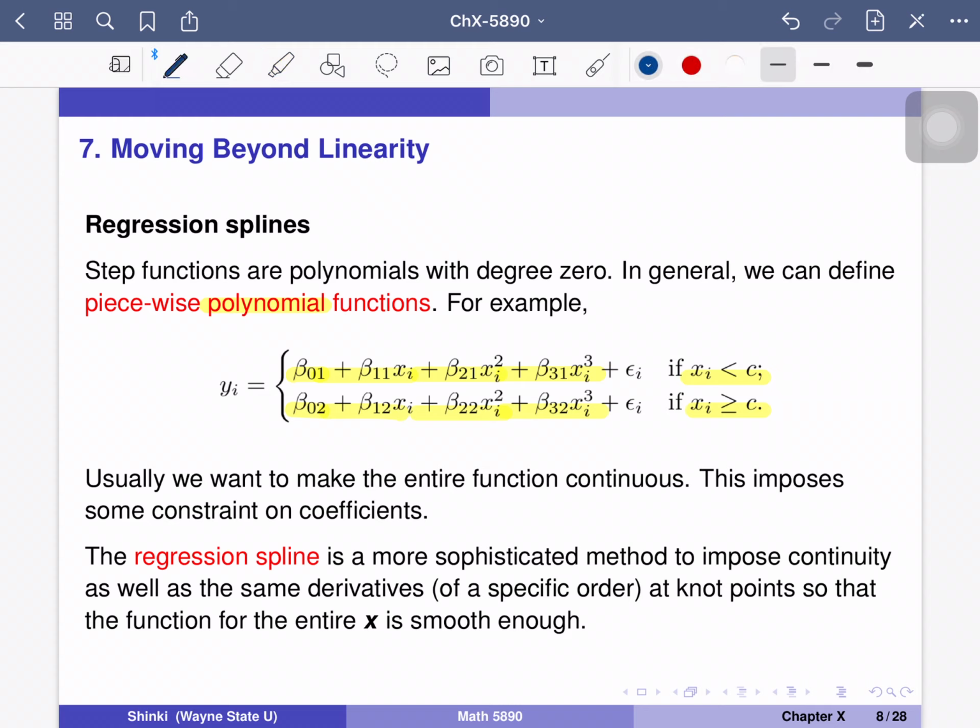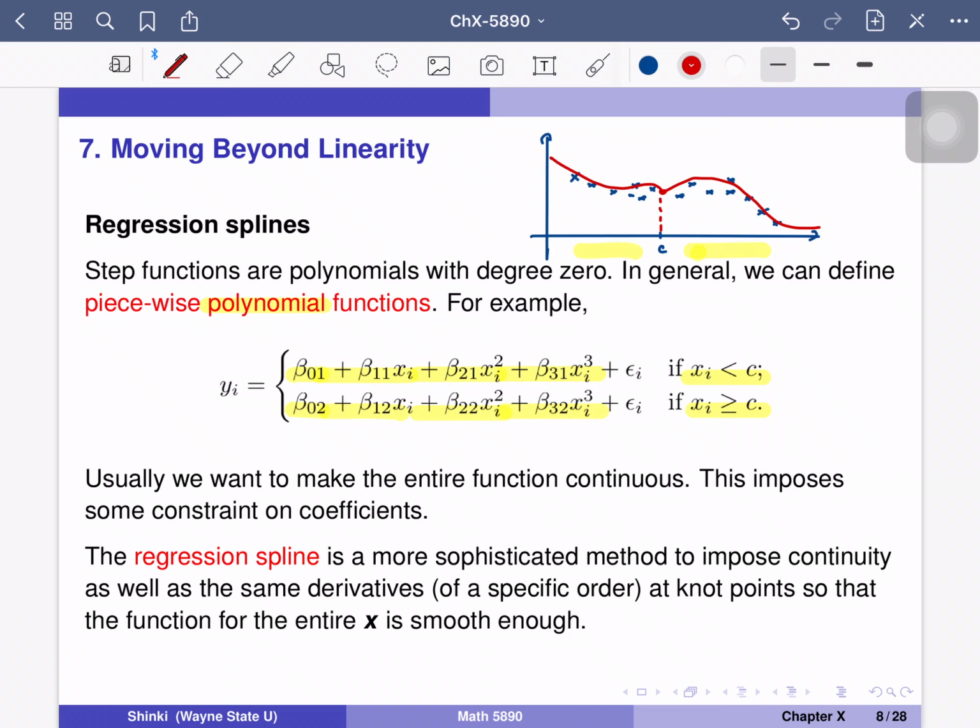For example, in the case of this cubic function, if we have knot point c and we have observations, even if the relationship for this range and this range are different, usually we still want to fit two curves so that two curves are continuous at point c.